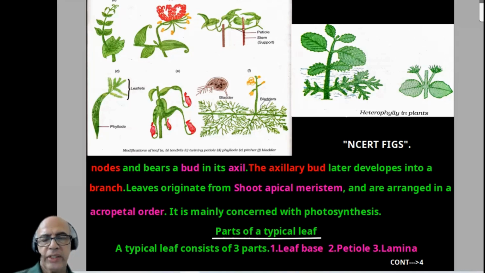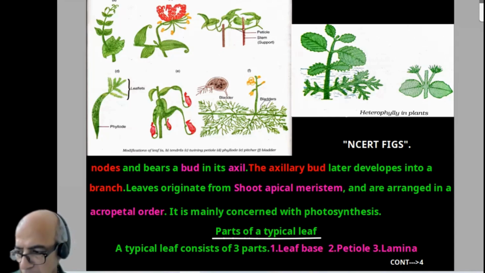This axillary bud later develops into a branch. Leaves originate from the shoot apical meristem. And how are they arranged? They are arranged in an acropetal order. These are all usual NCERT questions. And one of the major functions of leaf is photosynthesis. I think up to that it is clear.